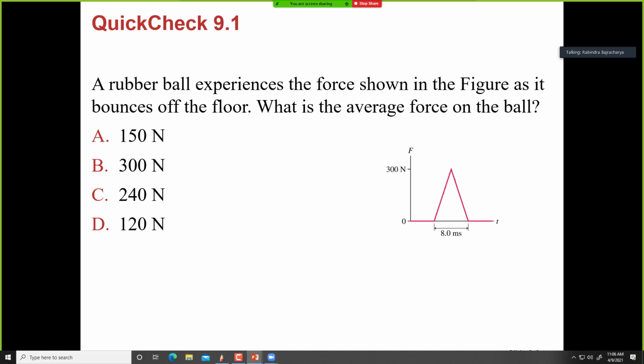So when the force is changing, you can find the impulse by using this formula. So impulse is force times time, but if the force is not constant, you can say it's average force times time. Okay? So we want to find average force. Average force is impulse over time.